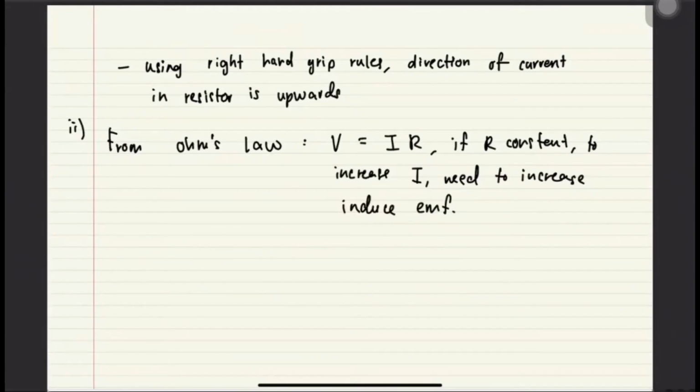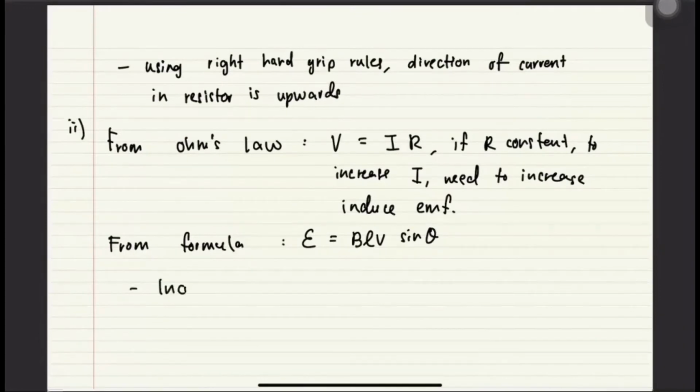Okay, ini tak perlu tulis pun, saya just tulis supaya nampaklah cara nak increase dia. So, cara nak increase dia, basically, kalau kamu nak tunjuk formula, from formula epsilon equals to BLv sin theta, you can increase the EMF kalau kamu increase dia punya magnetic field, ataupun kamu increase length dia, ataupun kamu increase speed.